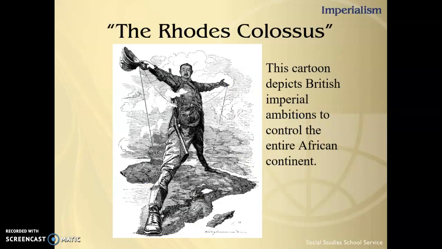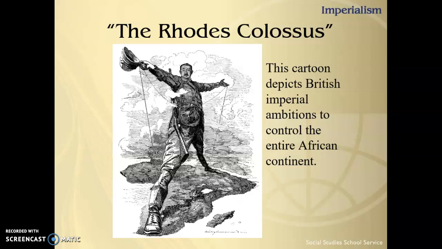And what Rhodes had, as represented in this cartoon, the Rhodes Colossus, was this dream of the British controlling the entire continent of Africa. And if you think about the size of Africa for a moment, it's 3 times the size and territory of the United States of America.